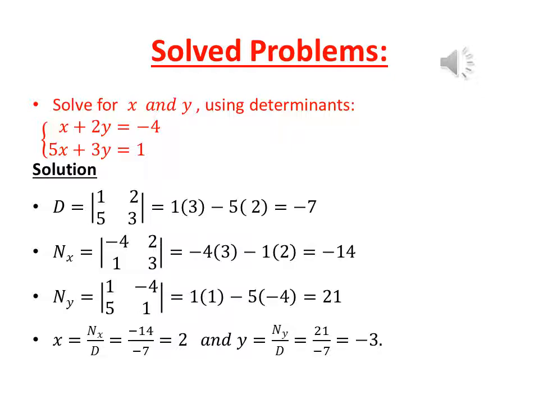For y, cancel the second column, put in the right hand side. So 1, negative 4, 5, 1, and get the value 21. What's x? Equal Nx over D. What's y? Ny over D. So it's two equations, so it's easier than three equations.